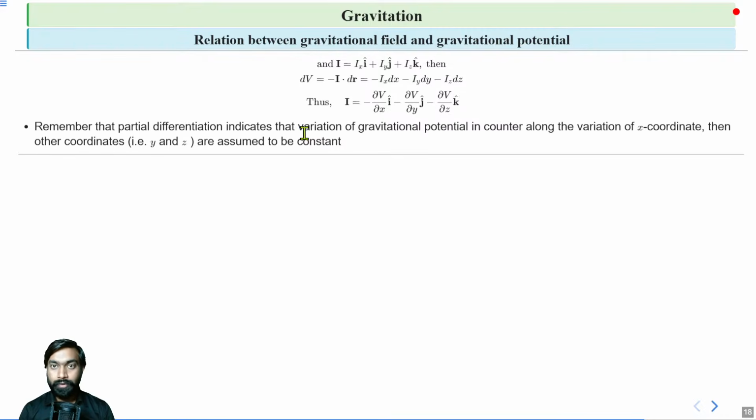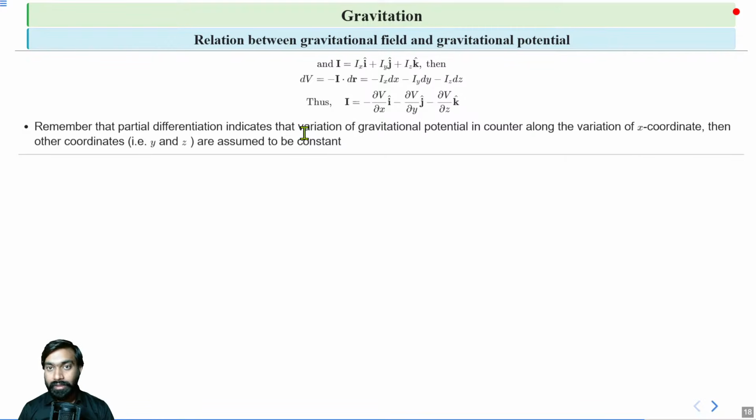Here the x component of gravitation field intensity will be given as Ix is equal to minus del V upon del x. This means to find the x component of gravitation field intensity, we need to differentiate gravitational potential V with respect to x, assuming y and z constants.